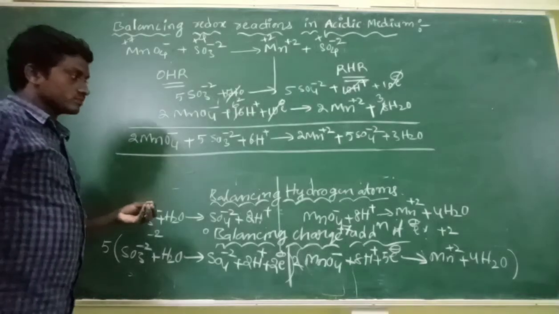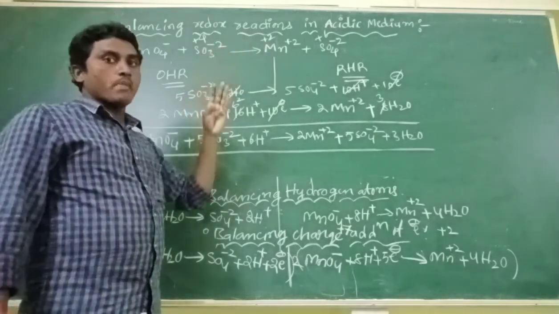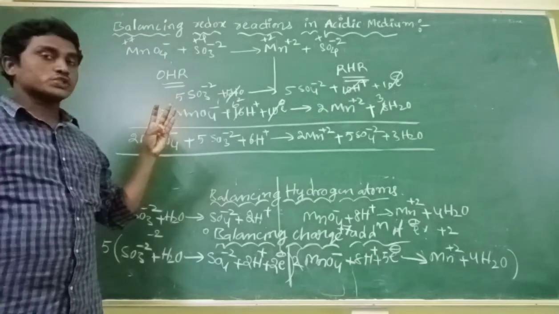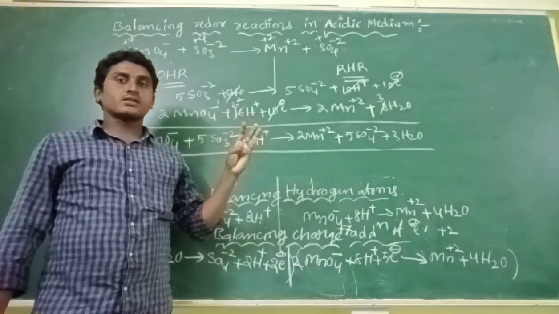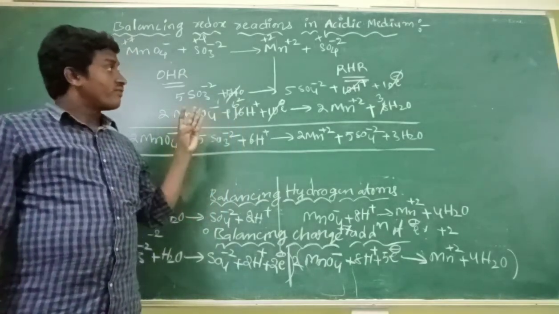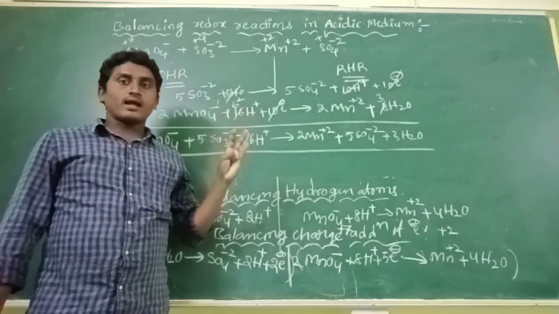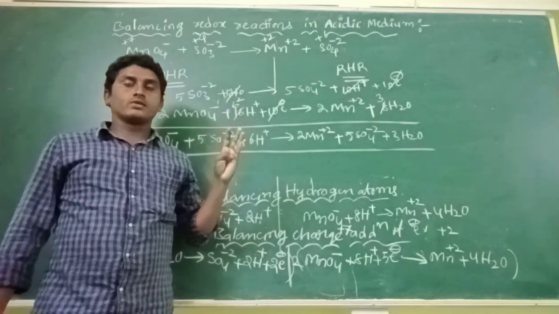Here, we have to balance the equation in order. First, we have to split the reaction into the oxidation reaction and the reduction reaction. Then in the second step, we have to balance the other atoms, meaning other than oxygen and hydrogen.